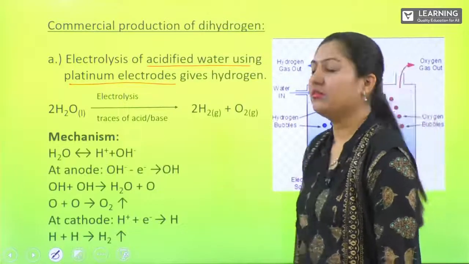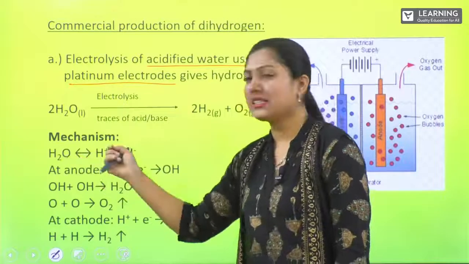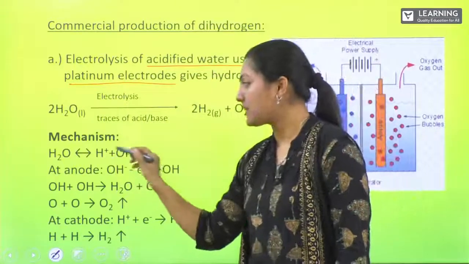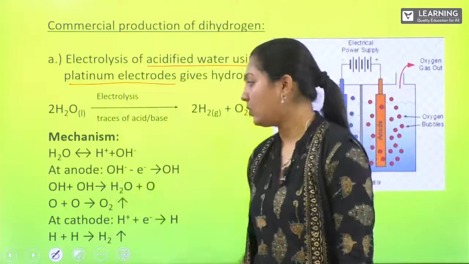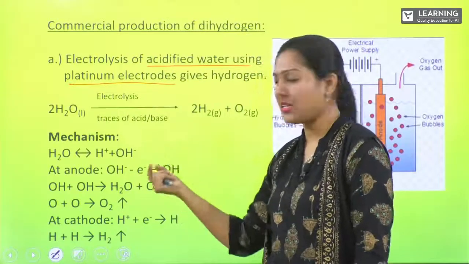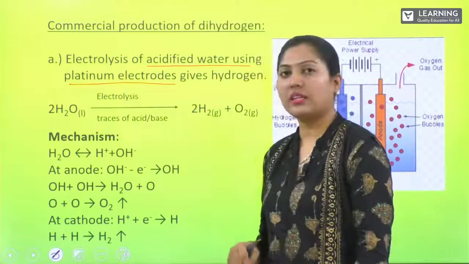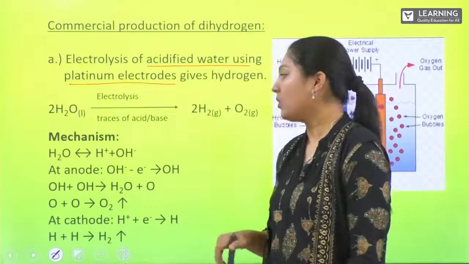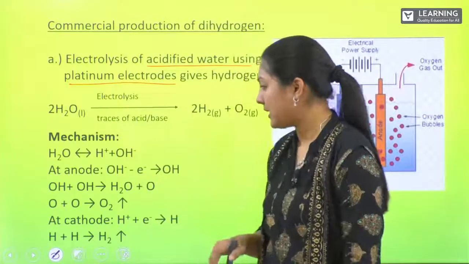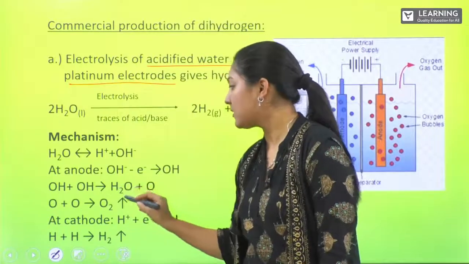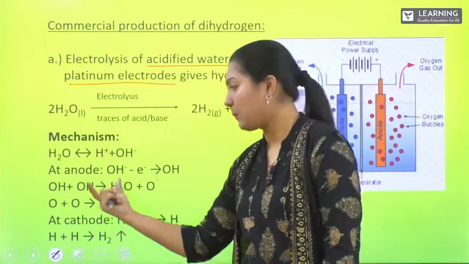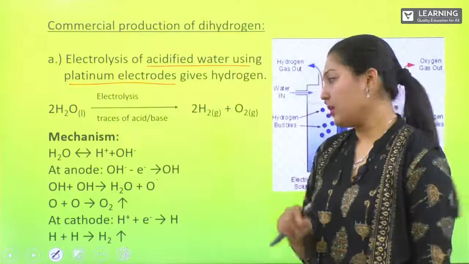So the mechanism works like this. The water splits in the presence of acid into H plus and OH minus ions. At the anode, what happens? OH minus comes to the anode, which is positively charged, and loses its electron. H plus gives you a water molecule with the removal of oxygen, and one oxygen combines with another oxygen to form an oxygen molecule.